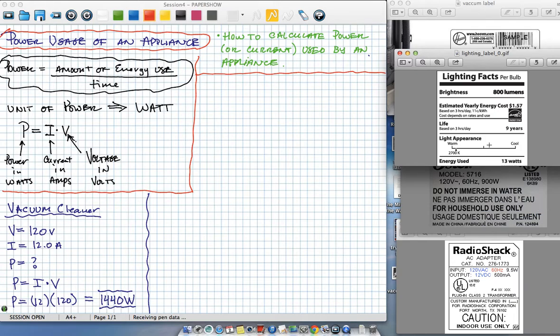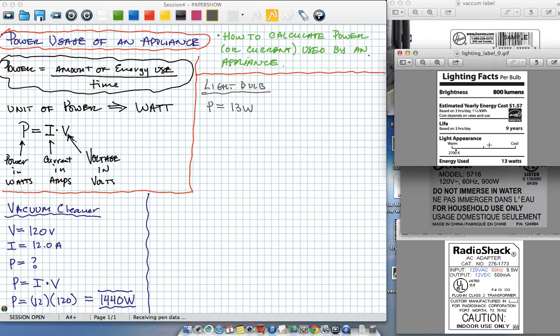So let's put down light bulb. And our wattage, P, is 13 watts. Seems to me that's probably one of those twisty light bulbs, the CFLs, which is compact fluorescent light bulb. Power is 13 watts.